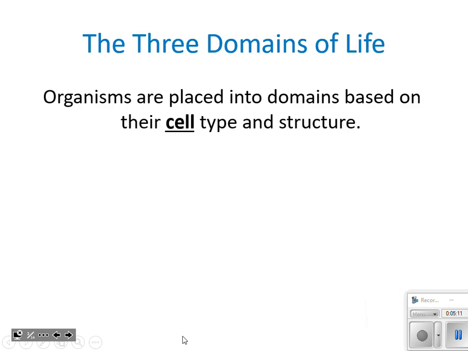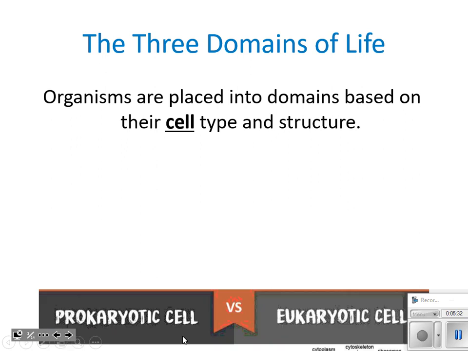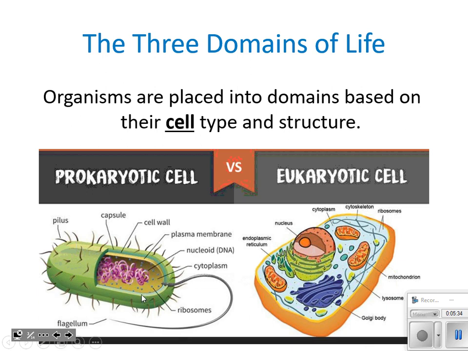Organisms are placed into the domain based on their cell type and structure. We just said all eukaryotic cells are grouped into the domain eukarya. So all prokaryotic cells are going to be either bacteria or they are going to be archaea. Okay, so we're basing it on prokaryote, eukaryote.